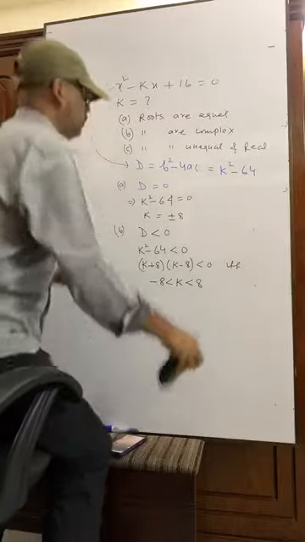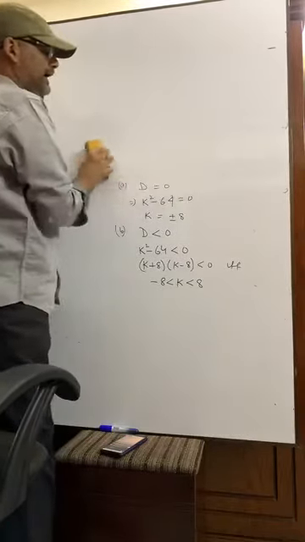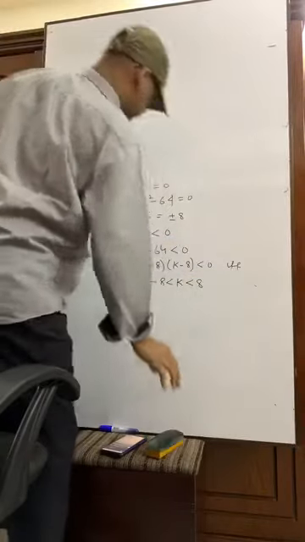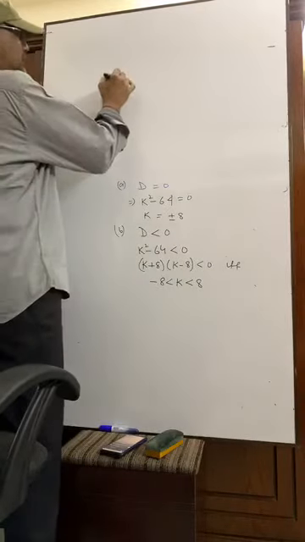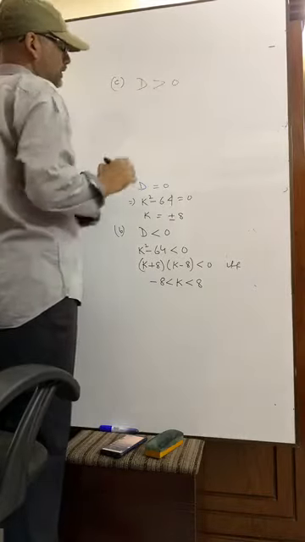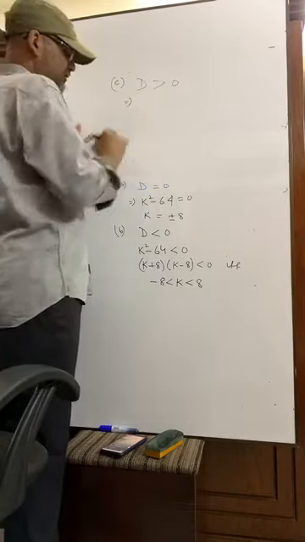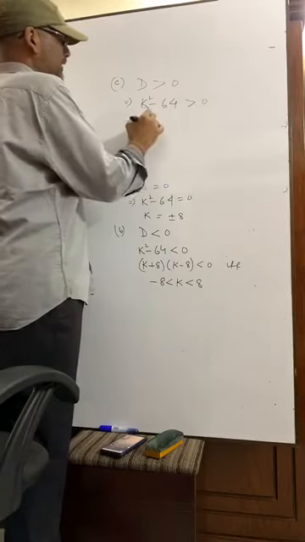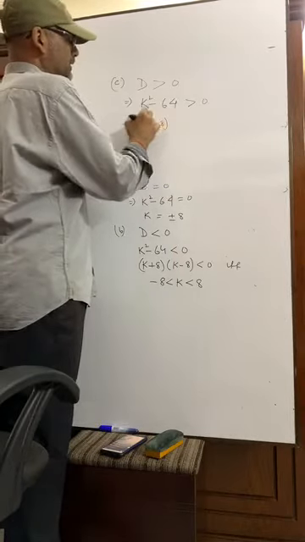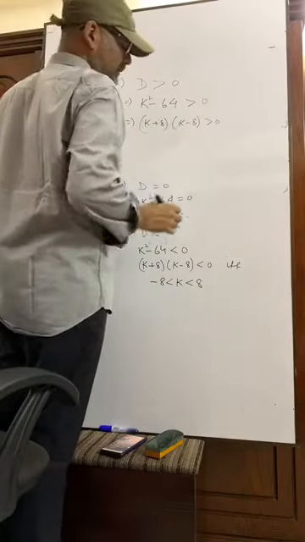But question number C, unequal and real, what is meant by this? D is greater than 0. So k square minus 64 is greater than 0. So here we get k plus 8 into k minus 8. What is the value of k? Who can tell me?